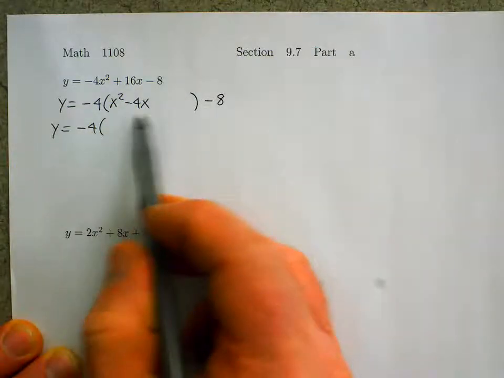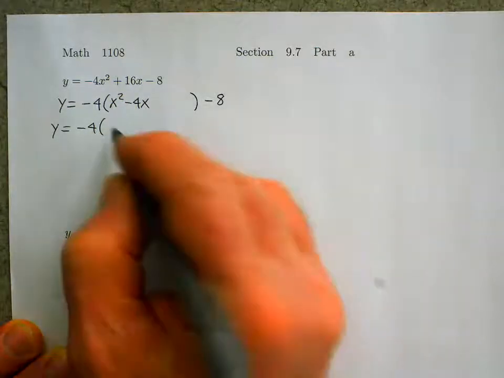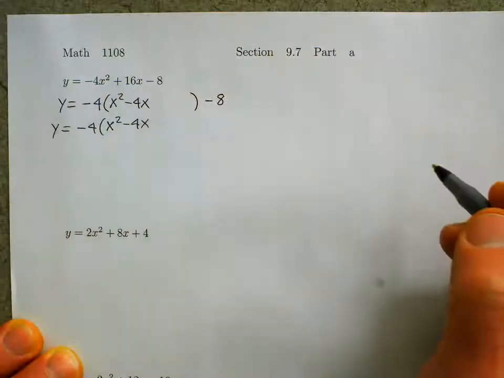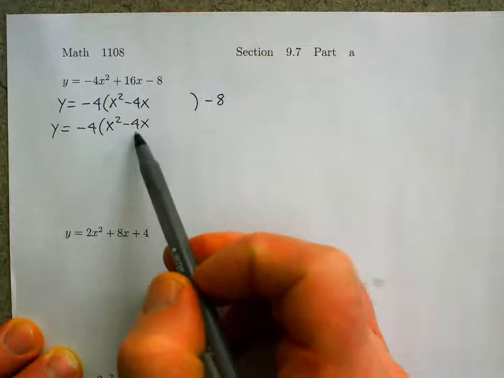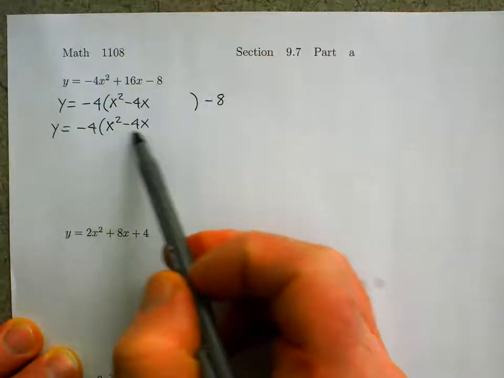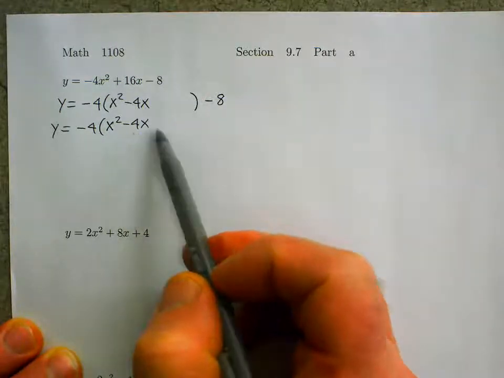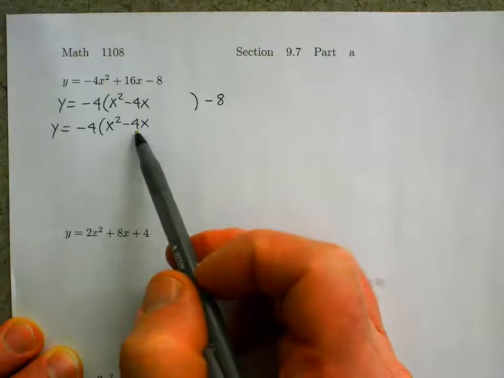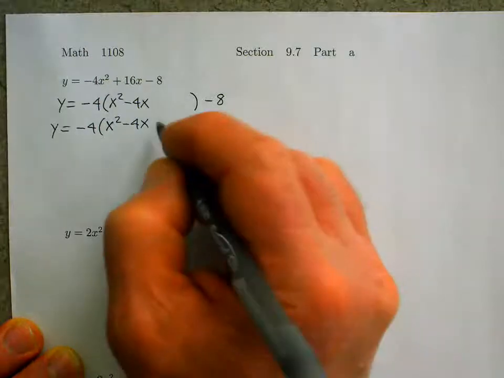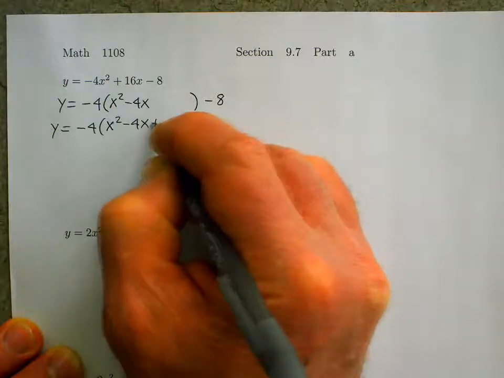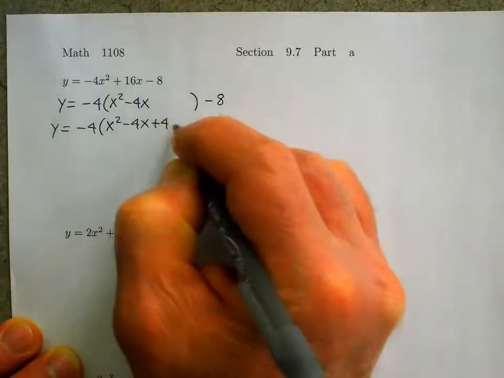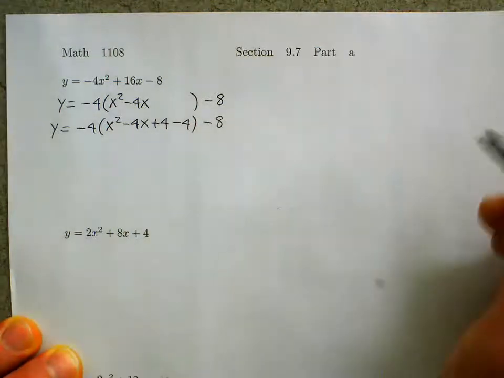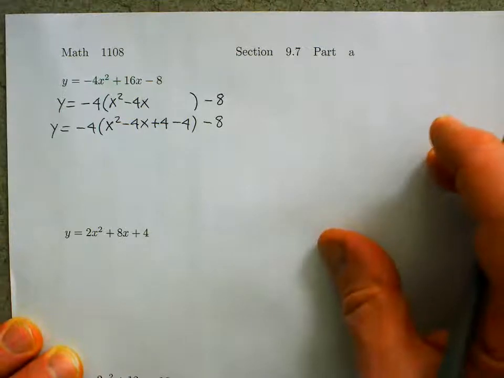Then add 0 on the inside of the parentheses while creating a perfect square trinomial. So we're just focusing on x squared minus 4x to create a perfect square trinomial. Take half of -4 and square that number. That gives us +4, but we write +4 and then -4 to maintain the balance or to maintain equality.